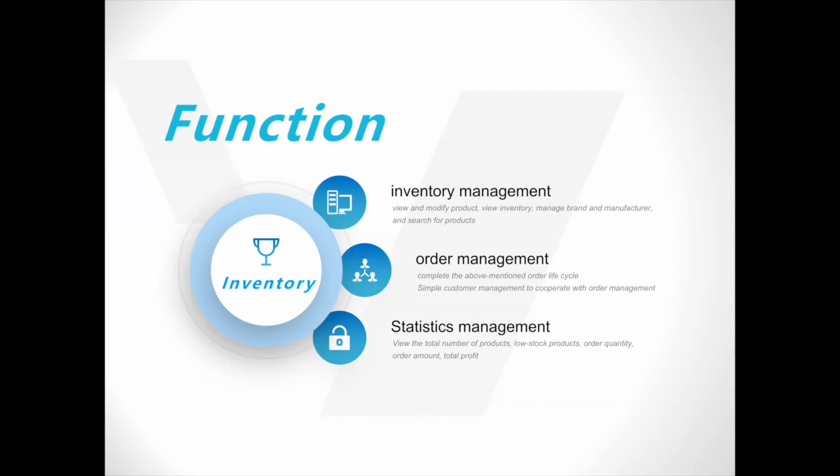And the second one is order management. Order management means you can complete the above mentioned order life cycle, with a simple customer management to cooperate with order management. And the last one is statistic management. The customer can view the total number of products, the low stock products, order quantity, order amounts, and total profit.